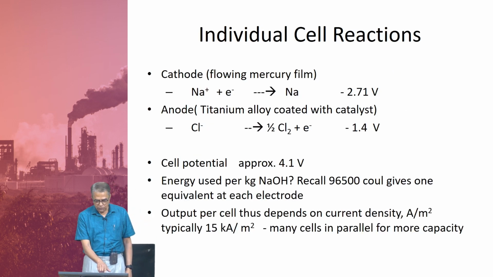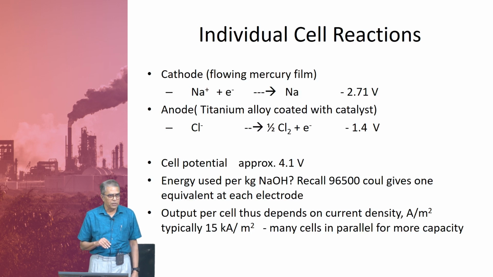That is how I have first written here, from thermodynamics, the reaction taking place in the mercury cell: Na plus from solution went very close to the mercury and one electron was taken up, it became Na. That thermodynamic potential will be this under standard conditions. This is just the minimum driving force, below this you will not have the reaction.